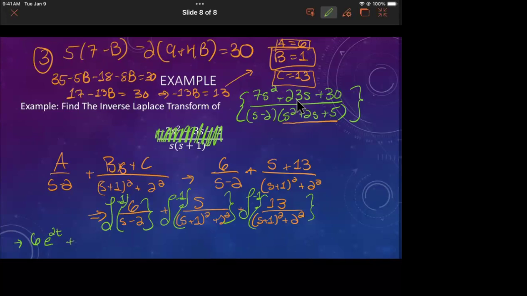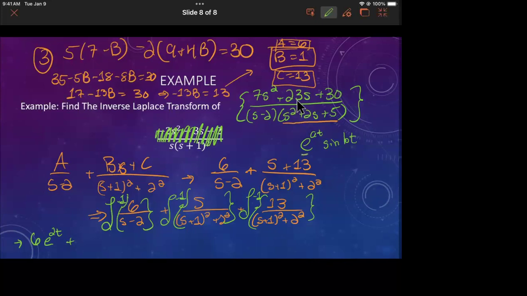And then plus the second inverse Laplace transform, which is s over s plus 1 squared plus 2 squared.